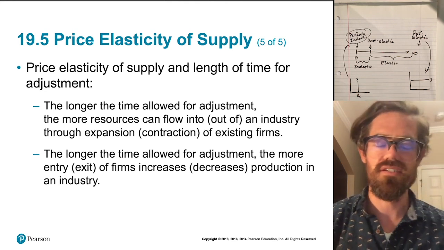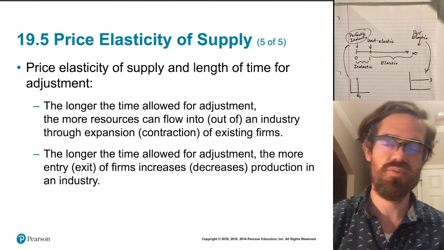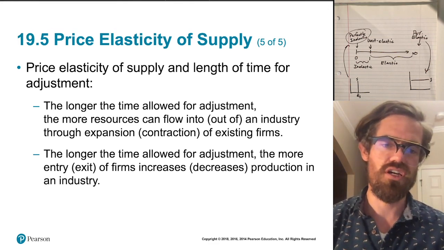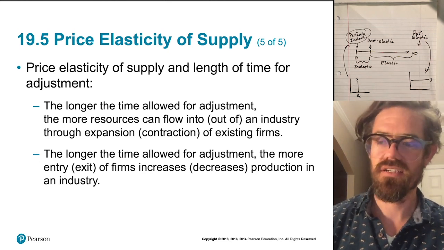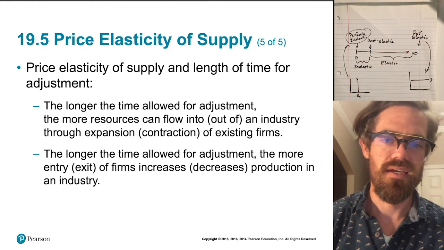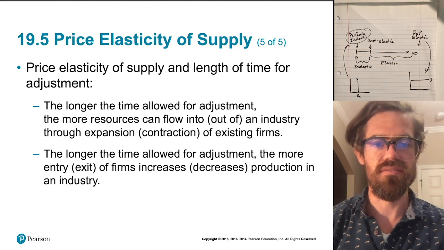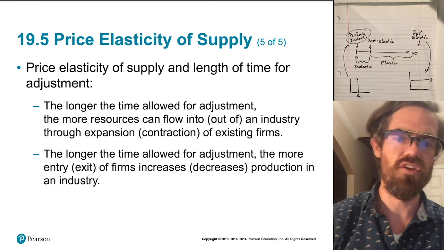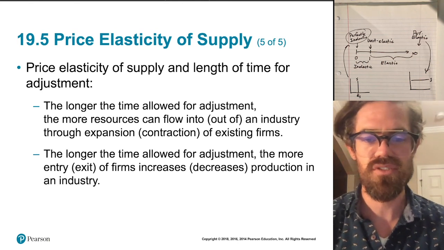Now, as far as the length of time for adjustment, it works pretty much just like with demand. If there's more time to adjust, suppliers can be more flexible. They can be more elastic with longer amounts of time. So what that really means is that the longer the time is for adjustment, the more resources can flow into or out of an industry through expansion or contraction of existing firms.